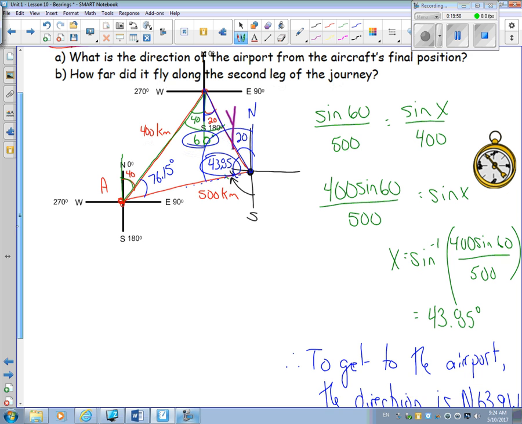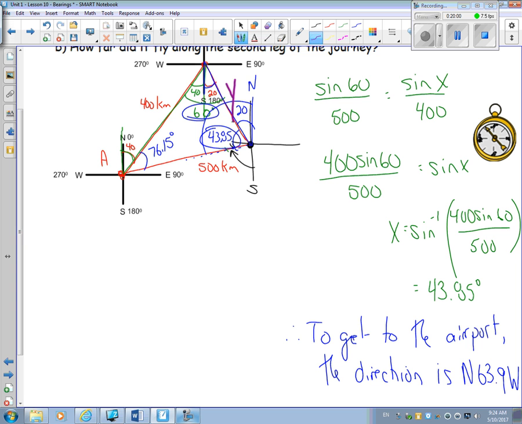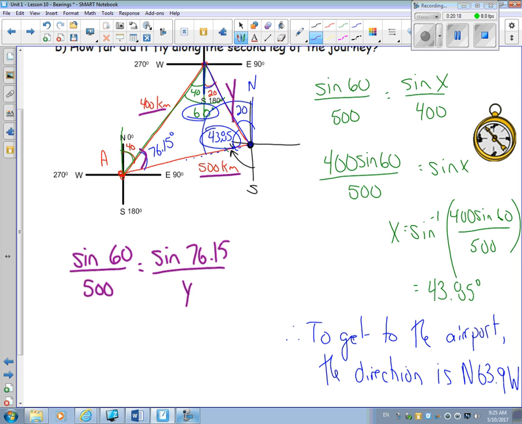Well, that means I can use my sine law now. I know that the sine, for sure, of 60 goes with 500. I know that the sine of 76.15 can go with y. You have other choices. You can use cosine law if you want, because you have two sides and the angle between them. You have different choices of the sine law. There's lots of choices.